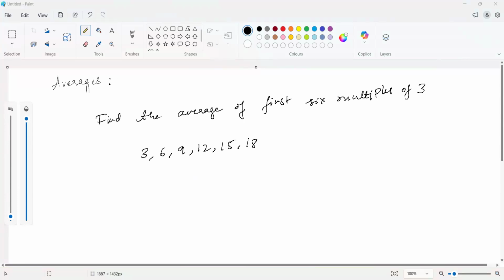Yes, correct. Yes, you should be getting 10.5.